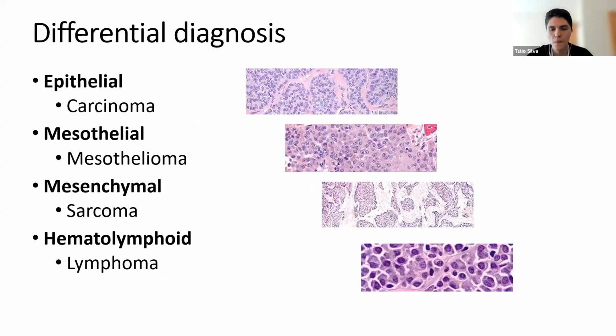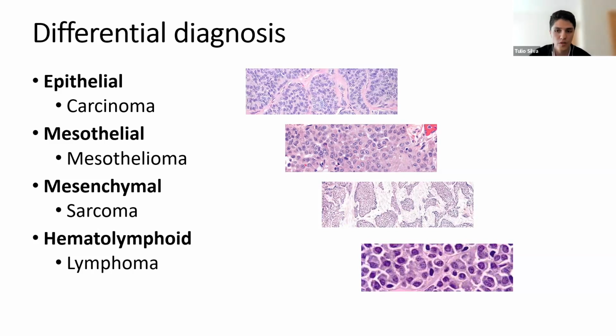At this point, we were wondering about the cell lineage of the tumor given the morphology and location. So we decided to perform a wide differential diagnosis considering tumors of epithelial, mesothelial, mesenchymal, or even hematolymphoid origin.